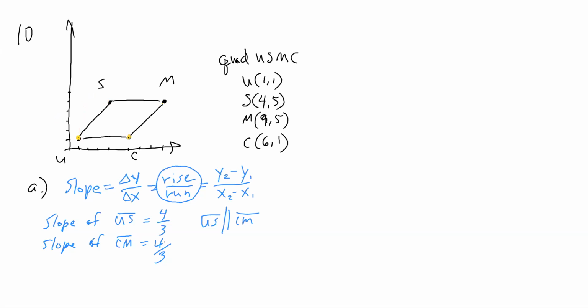So what we're looking at now is the slope of, we need to still do SM. So SM, it's just a little too close to that other. Bring that down a tiny bit. Okay.